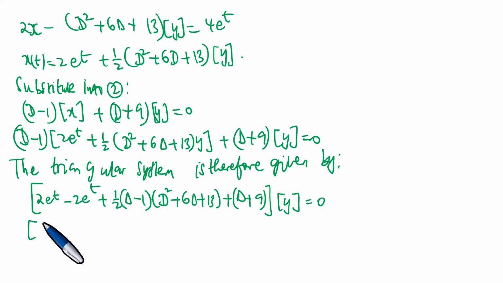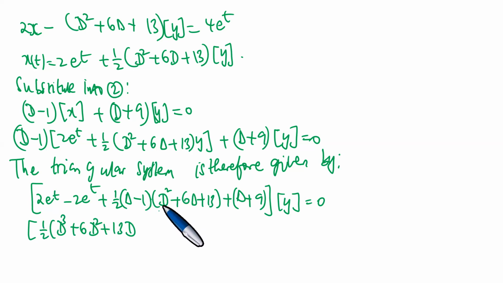You're going to have the 1/2 d times d squared is d cubed. D times 6d is 6d squared. D times 13 is 13d.